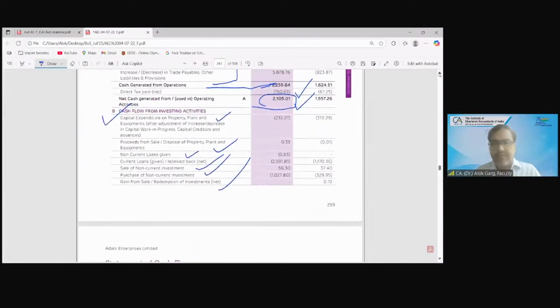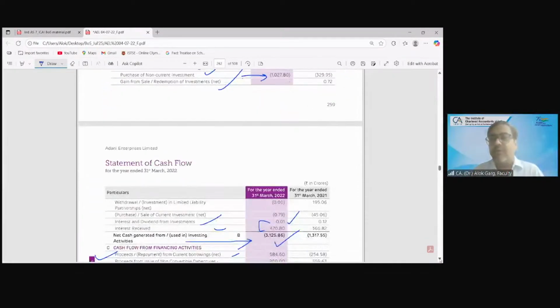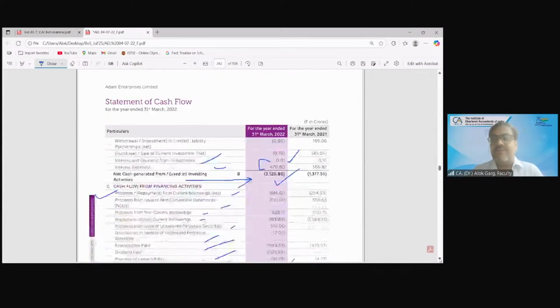How come it is negative investing activity? What is the major item? Current loans given. They have given loans to their subsidiaries or to other companies, 2400 crores. And they have also invested money into non-current, long-term investment, 1000 crore. So whatever cash they have generated from the business and taken as loan, they have invested.